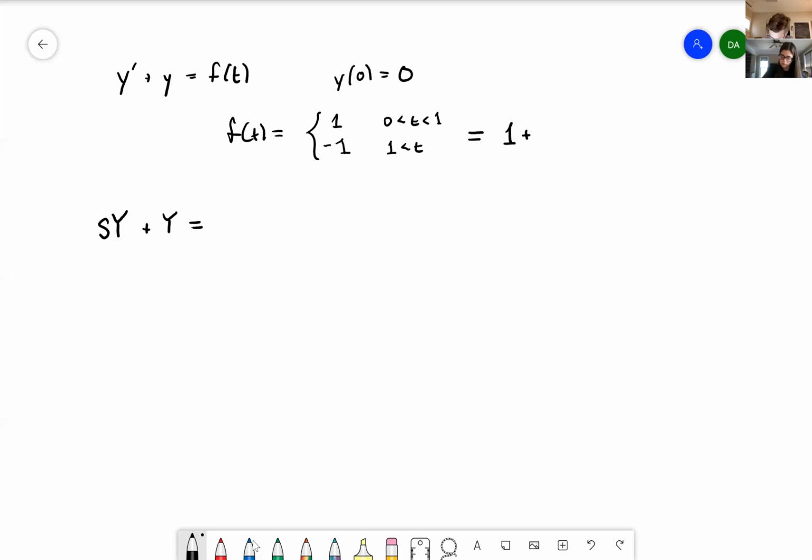Let's see, how should I phrase this? So when we take the Laplace transform, let's just go with this. So it's this, minus 2 u1 of t.